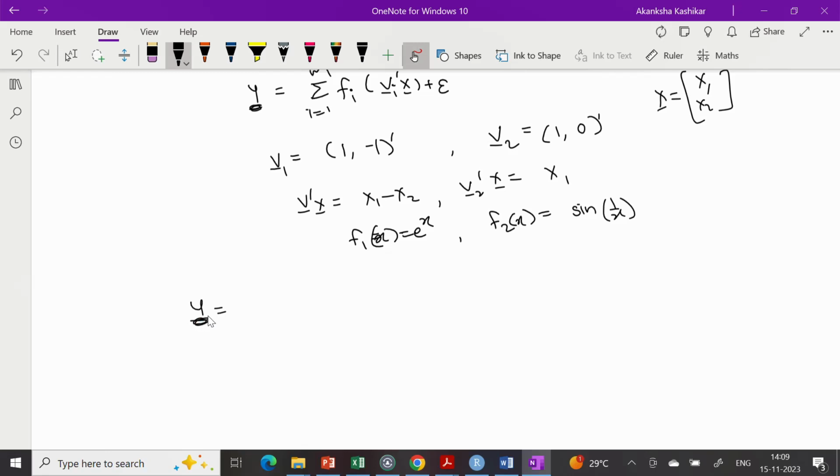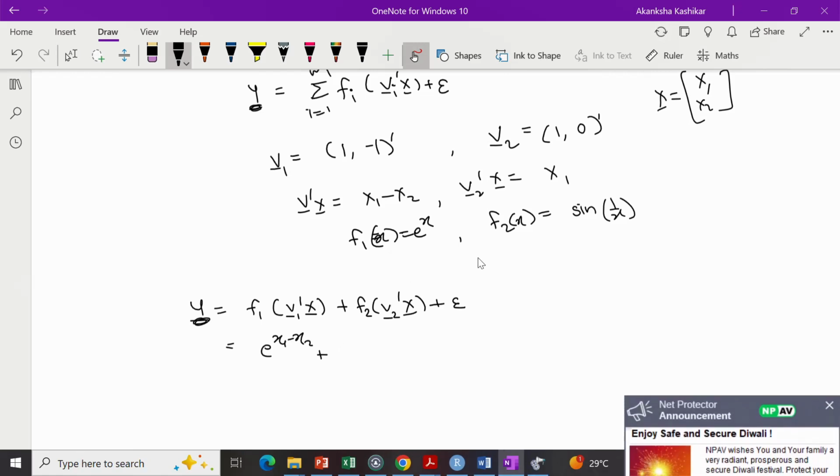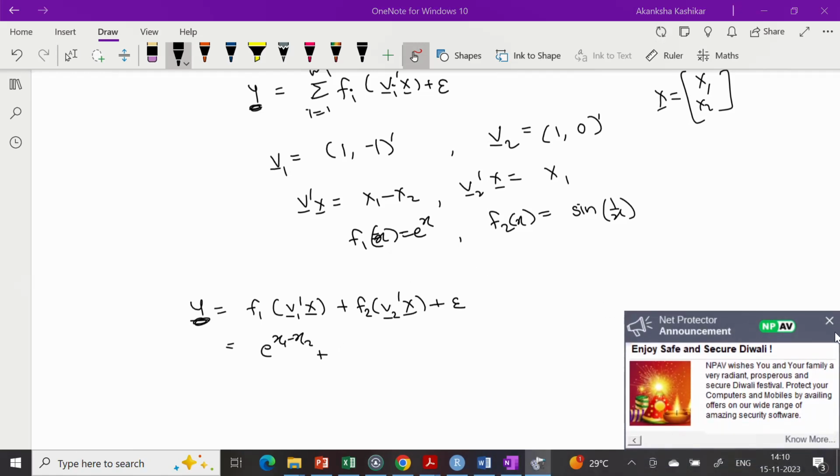So y will be f1 of v1 prime x plus f2 of v2 prime x plus epsilon. So y, f1 of v1 prime x will be e raised to x1 minus x2, plus v2 prime x is just x1.